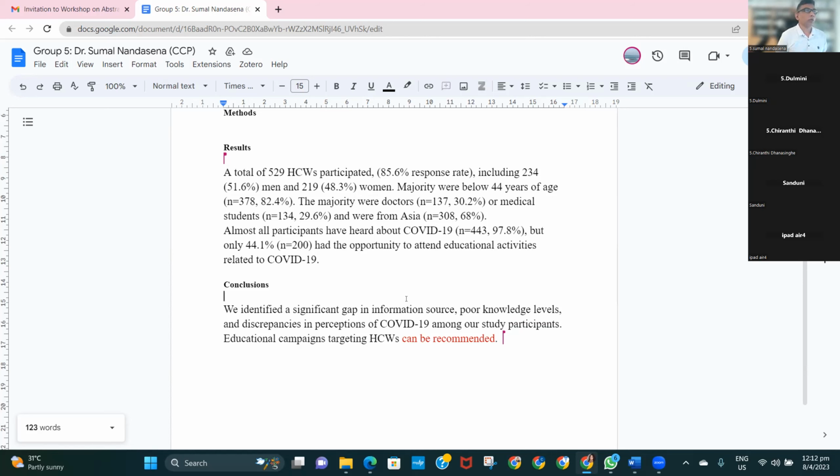We can make the second sentence like this: the majority were below 44 years of age and were doctors or medical students from Asia.